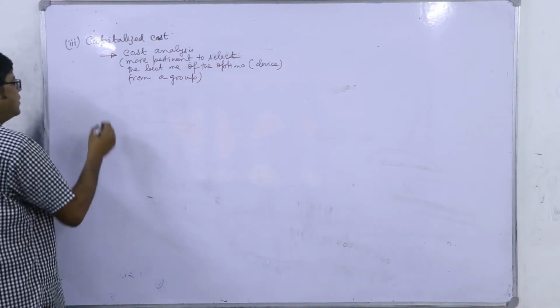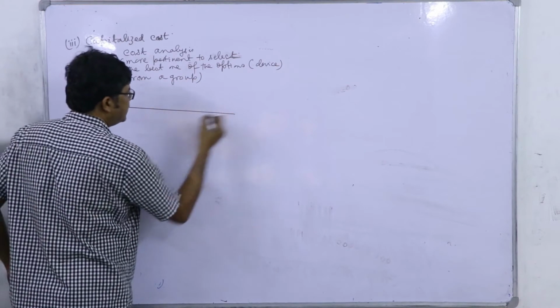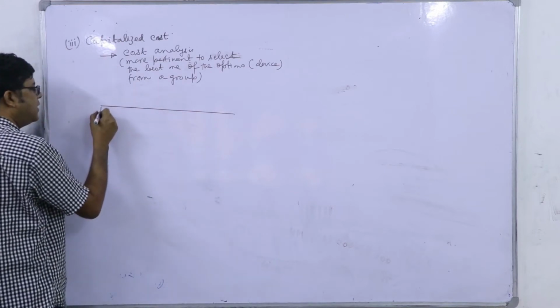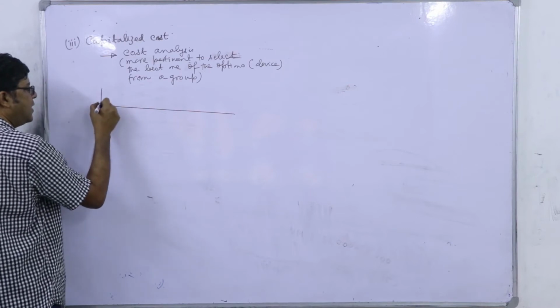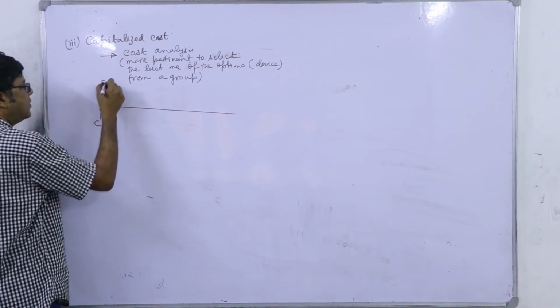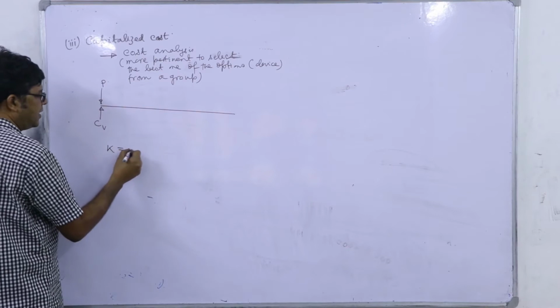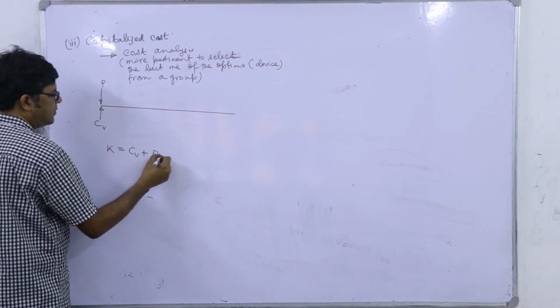Right. So you see, it is based on perpetuity. We have initially invested the procurement cost, that is CV, and invested the perpetuity. So capitalized cost is CV plus perpetuity.